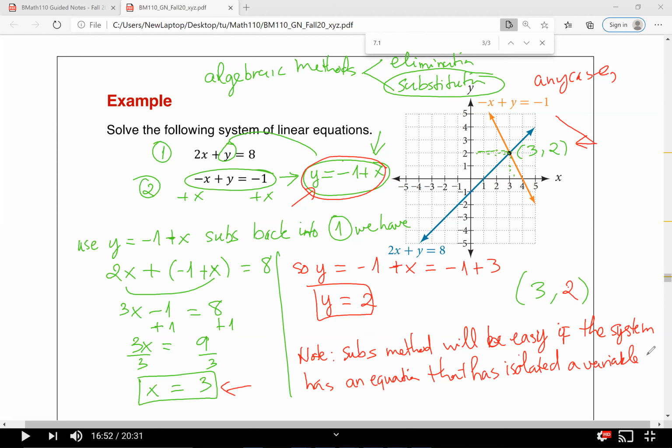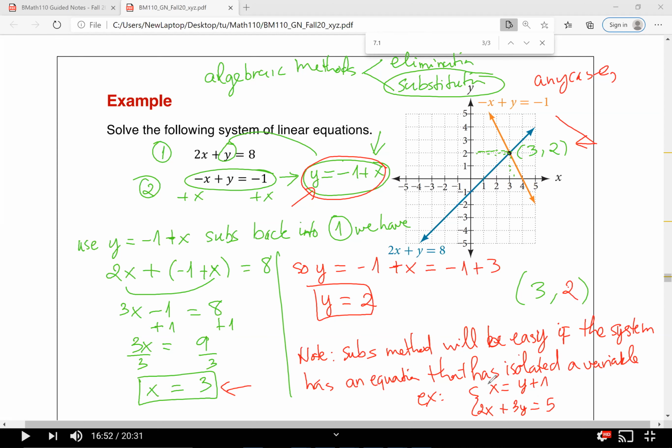So for example, a system such as x equal to y plus 1, and the other one is 2x plus 3y equal to 5, right?